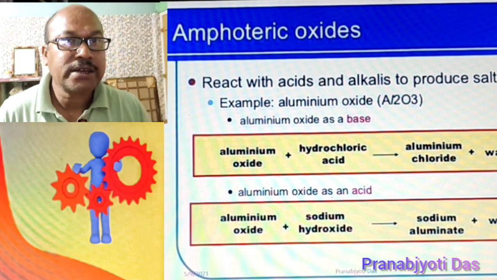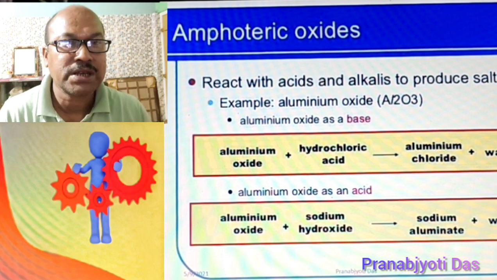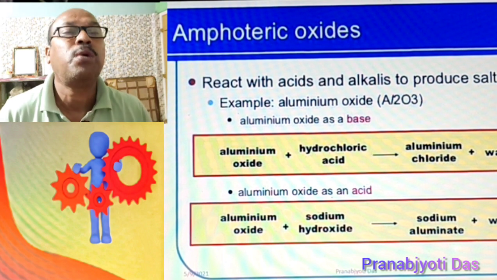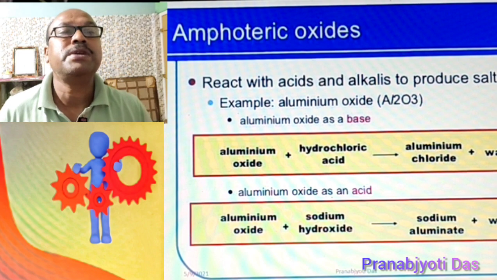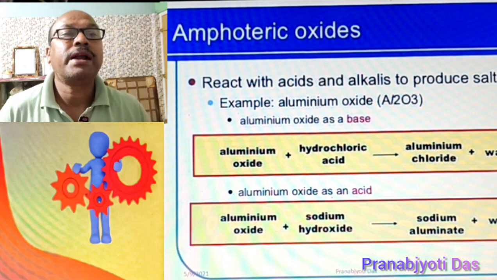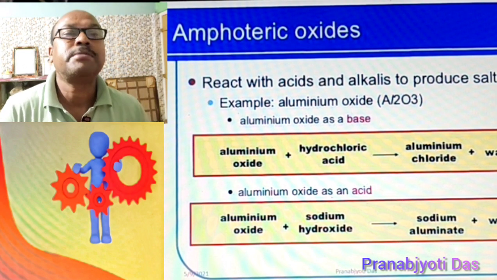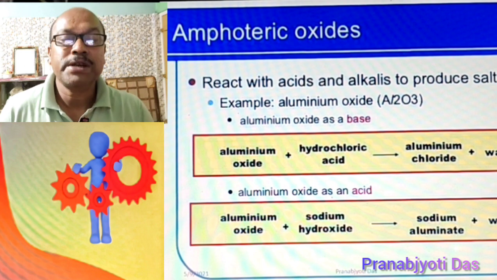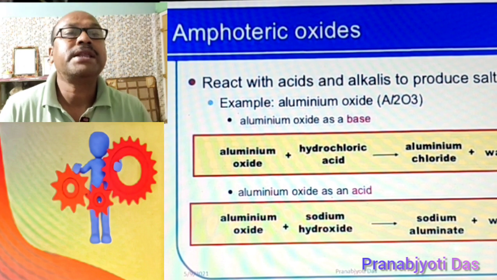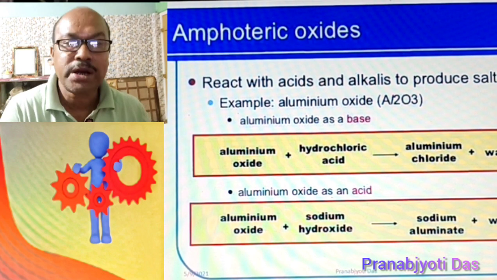Amphoteric, that is, they react with acids and alkalis to produce the same thing, that is salts and water. For example, aluminium oxide is a base. It is basic in nature. Why? You can see in the first reaction, aluminium oxide is reacting with acid and producing salt and water. Whenever acid is producing salt and water with something, then that something must be a base. So here aluminium oxide is behaving like a base. But in the next example, aluminium oxide this time is reacting with sodium hydroxide.